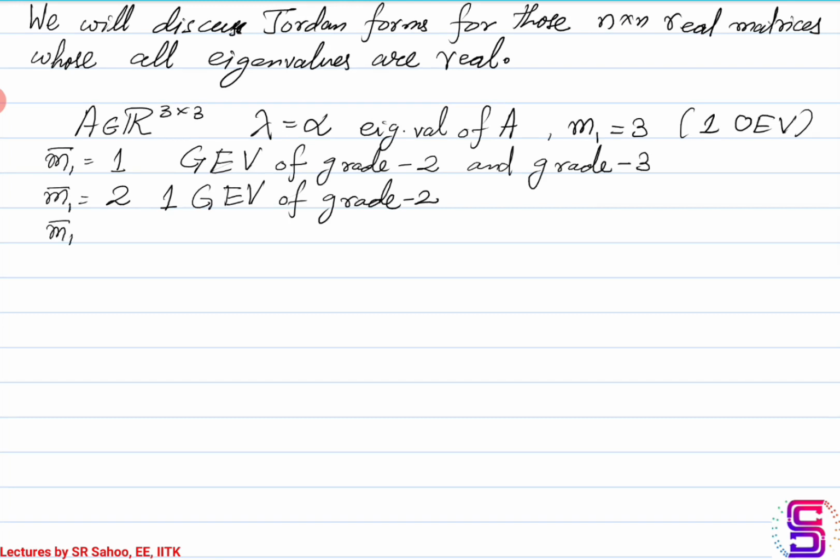When m1 bar is 3, then you have no generalized eigenvectors of grade higher than 1.